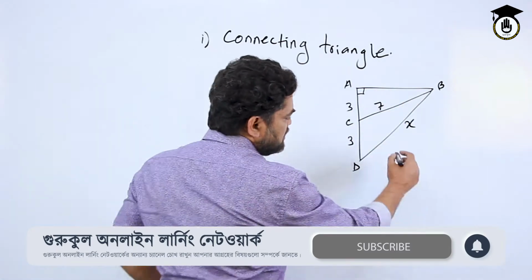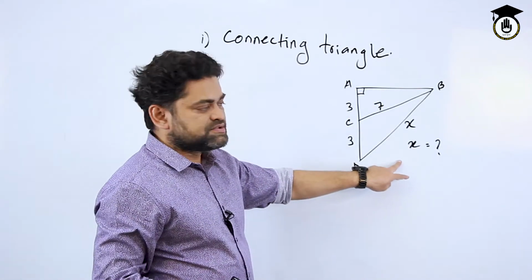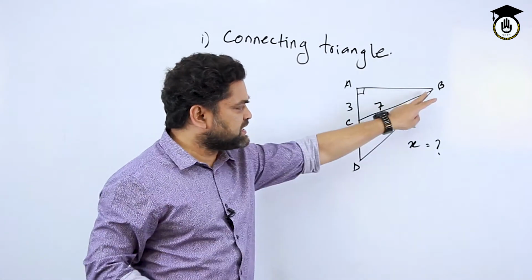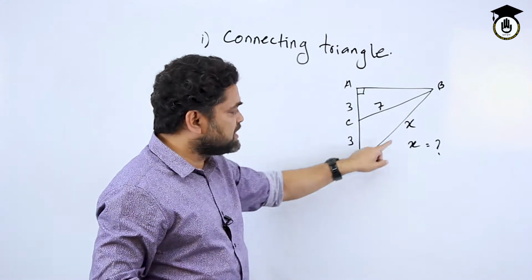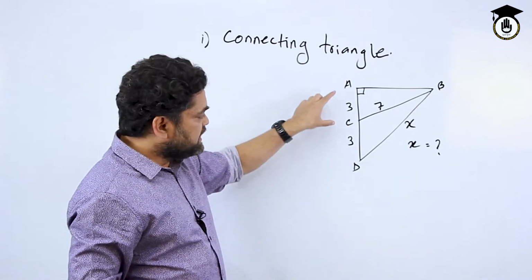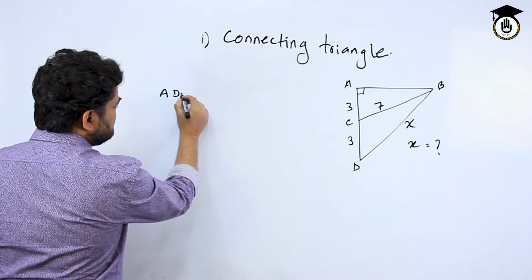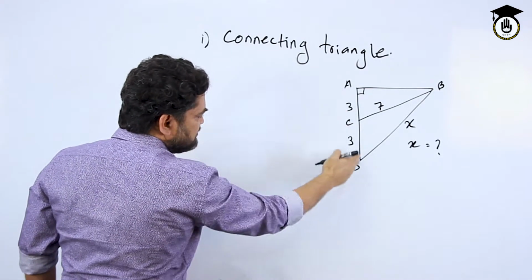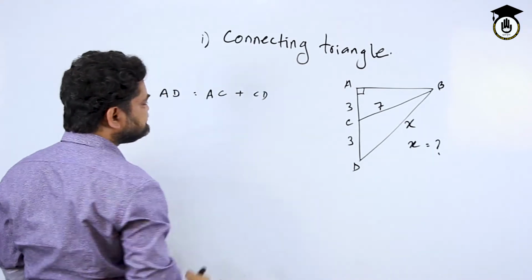My question to you is to find x. x is a side of the bigger triangle, so I will consider the bigger triangle. But only one side is given, and we have AC and AD. I can divide AD, the biggest side, into two parts: AC plus CD.